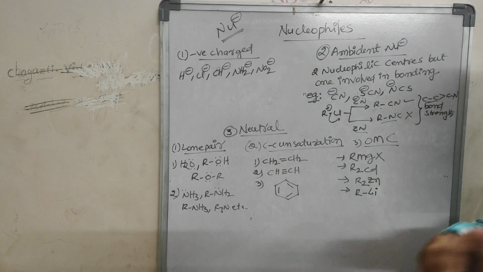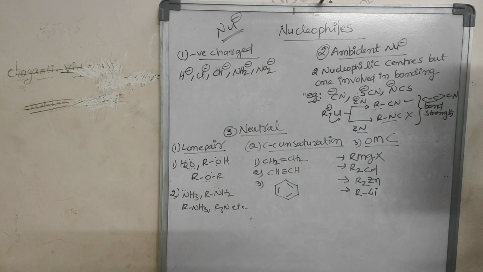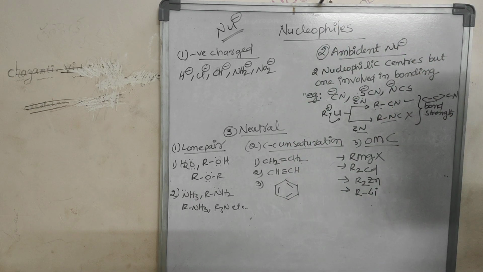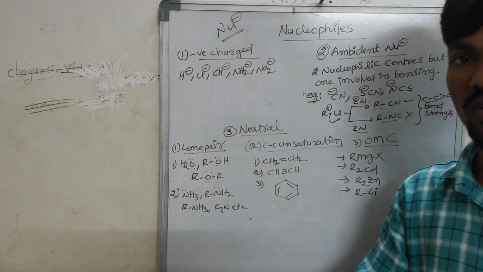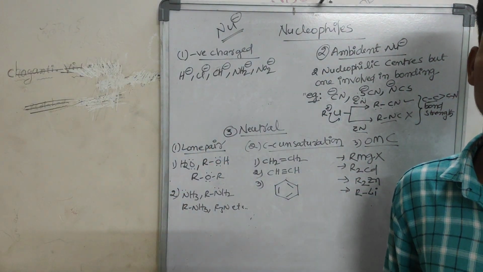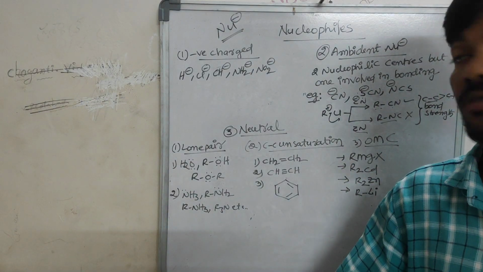Okay. Next, coming to this point, neutral molecules. Neutral molecules are also nucleophiles. How can you find out the nucleophile? Neutral means no positive, no negative charges will be there. If positive charges are there, electrophiles. If negative charges are there, nucleophile.